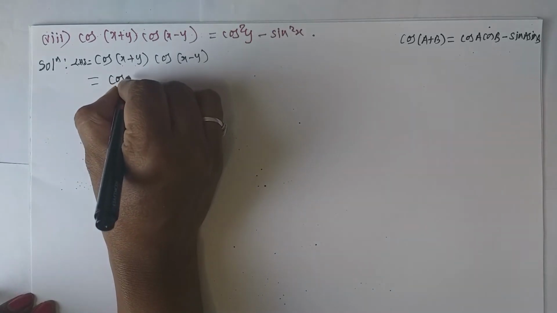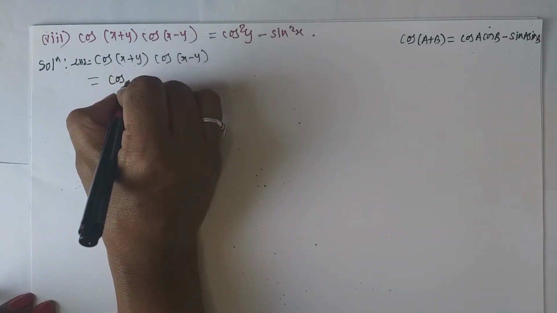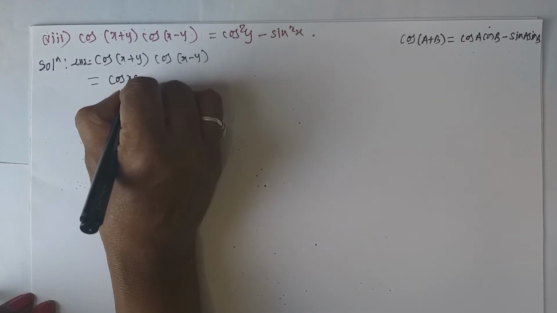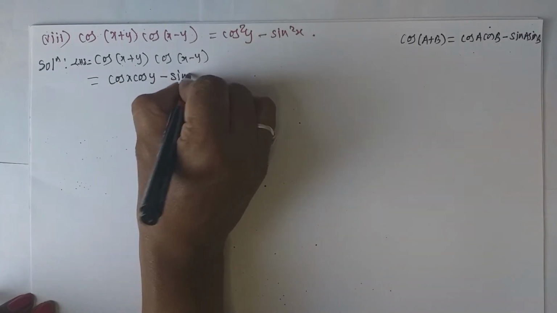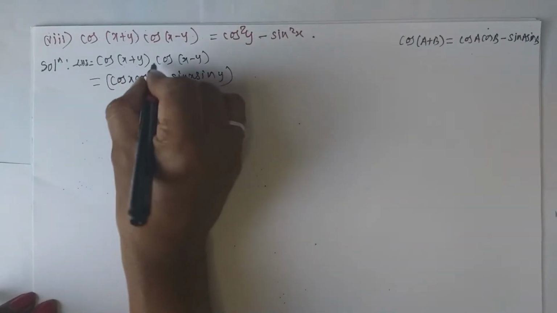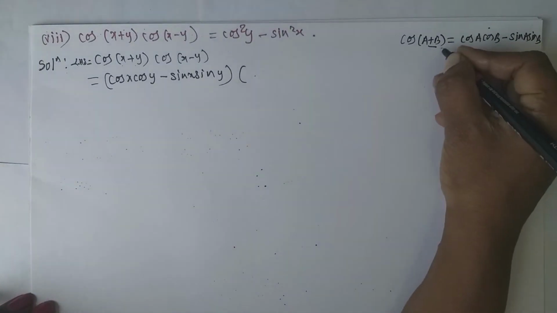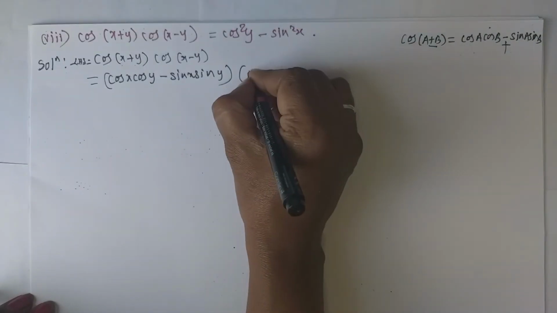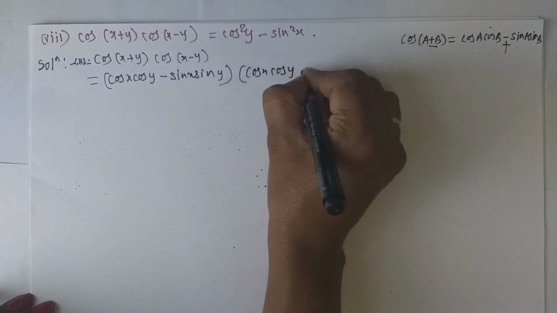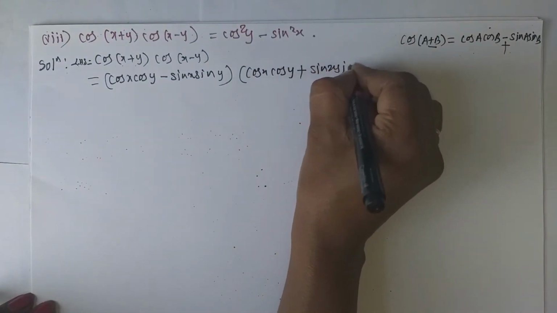Instead of a, keep the value x, and instead of b, keep the value y. Therefore cos x cos y minus sin x sin y. For cos(a minus b), where there is minus you keep plus, so this is cos x cos y plus sin x sin y.